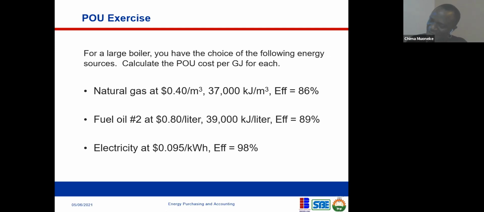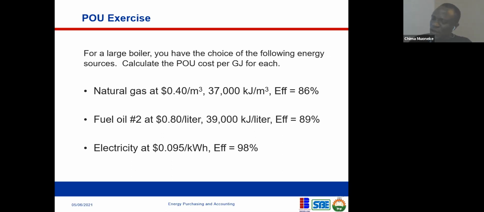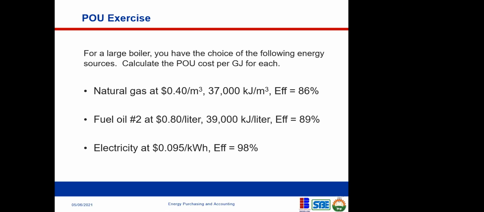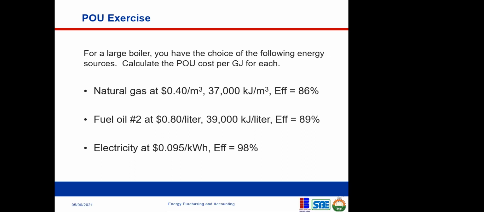It is $12.57 per gigajoule. If you look at it, you've cancelled the meter cube and the kilojoule. The only things you have remaining are the dollar and gigajoule. So please pay attention to the units. Now do it for the fuel oil, please. I just need to be sure that we understand this.